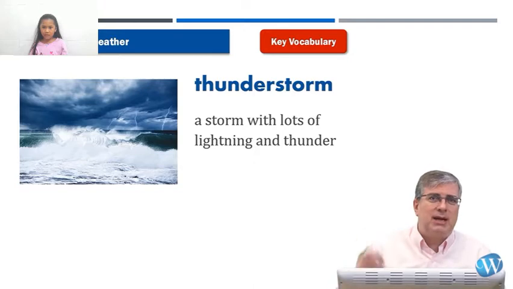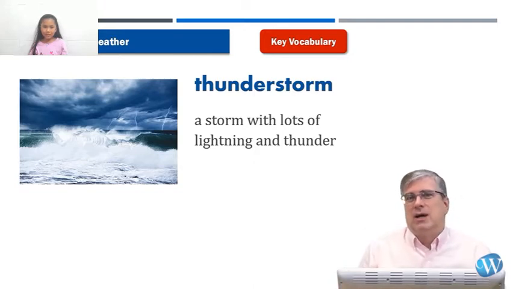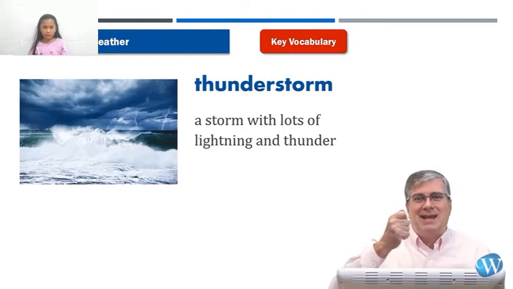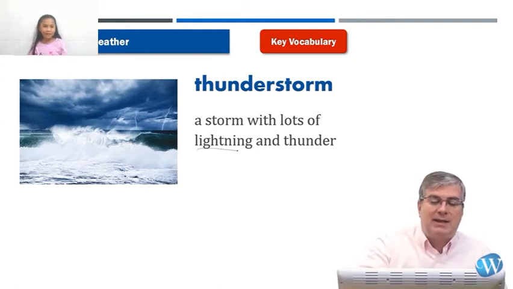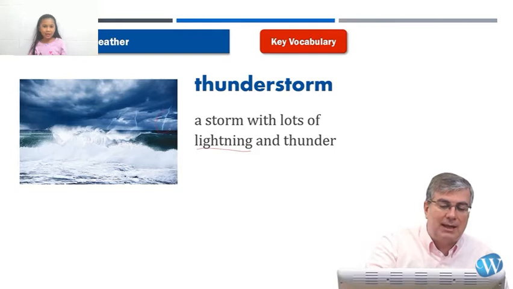Thunderstorms is a word that warns about being next to large bodies of water or holding anything like golf clubs, okay? Because a thunderstorm is a storm with lots of lightning. What is lightning? Well, of course, you see in the pictures lightning here.